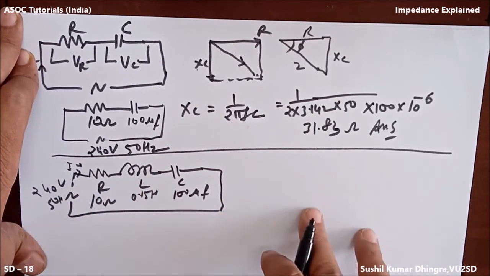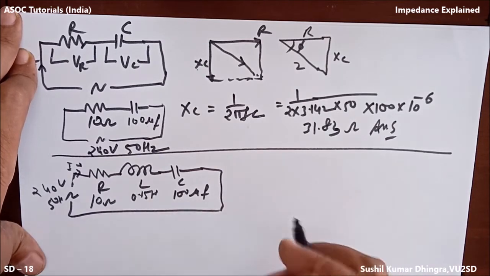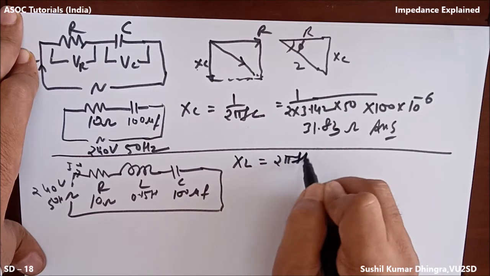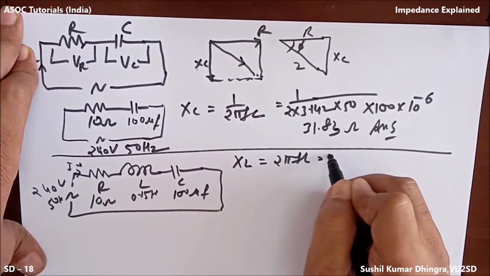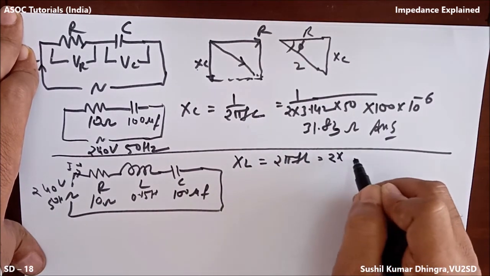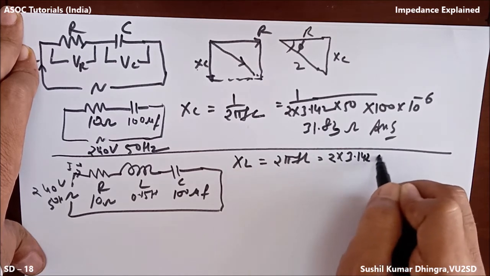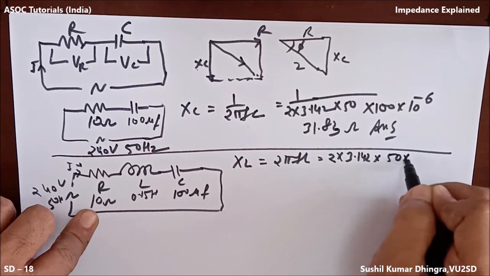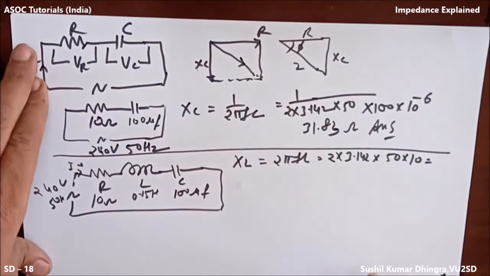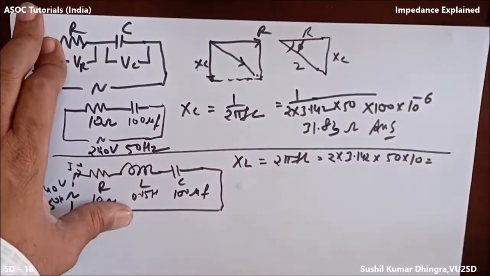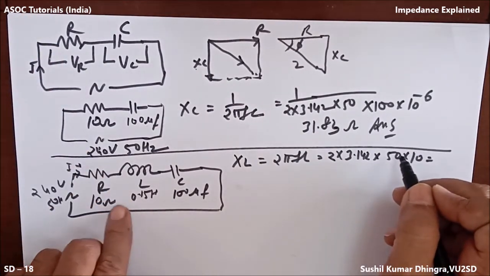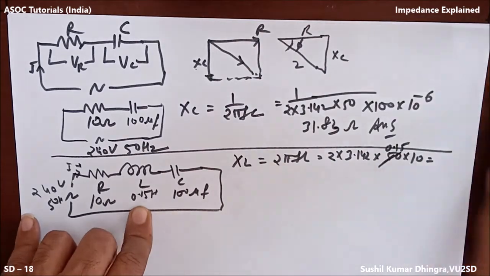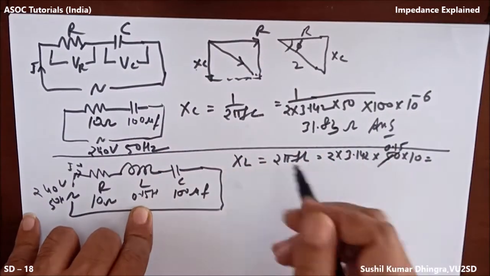First what I need is XL. How to calculate it? 2 pi FL. So 2 into 3.142 into F 50 into L. Minor correction, this L is not 10, it is 0.15.